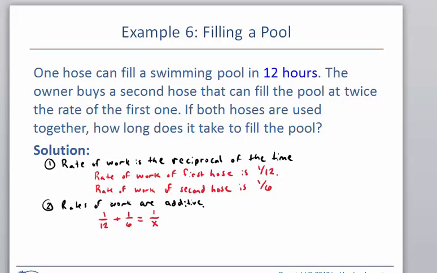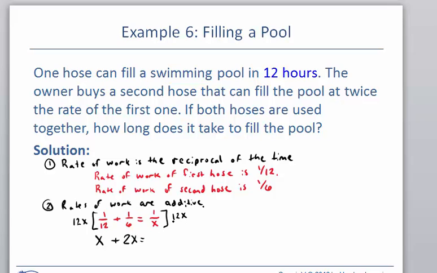So if we were to multiply both sides of this expression by 12x, then we should see our fractions disappearing. So let's look at that. If I take 12x times 1/12, the 12s would cancel and leave me just an x. If I take 12x times 1/6, the 6 and the 12 make a 2, and so we would have a 2x.